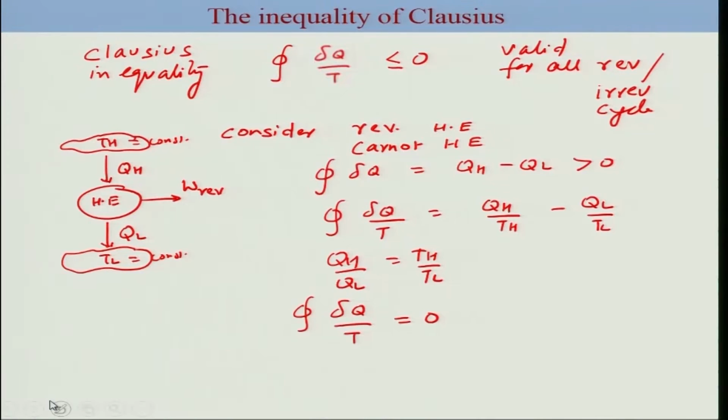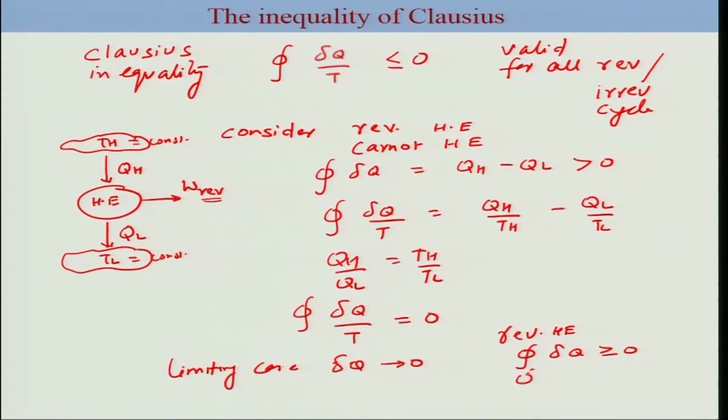So this is one expression for the reversible heat engine. Now if you consider a limiting case when W reversible approaches 0, or in other words TH approaches TL, in that limiting case this will approach 0. So for a reversible heat engine, this expression is greater than as well as equal to, because this condition will arrive when TH approaches TL, or in other words, your work output is 0.